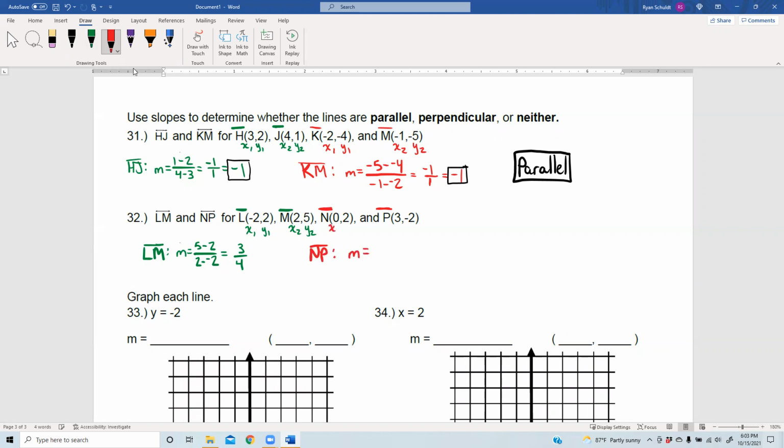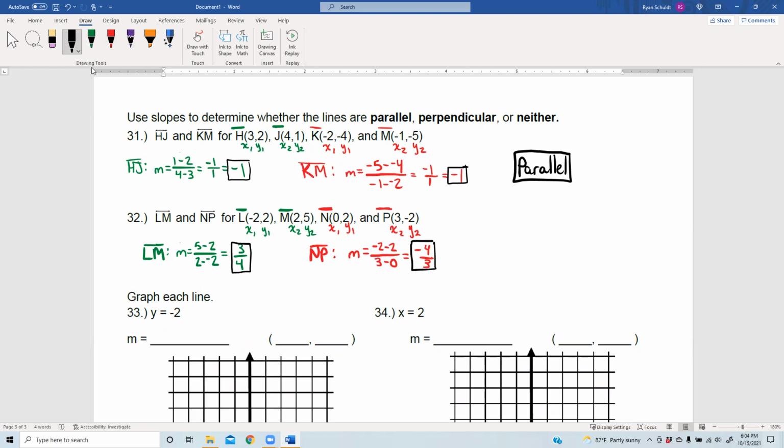Label your points. Okay, so what do I have? I'm going to have negative 2 minus 2 over 3 minus 0. It's going to give me negative 4 over 3. Now, we've got to check our slopes here. That's 3/4.